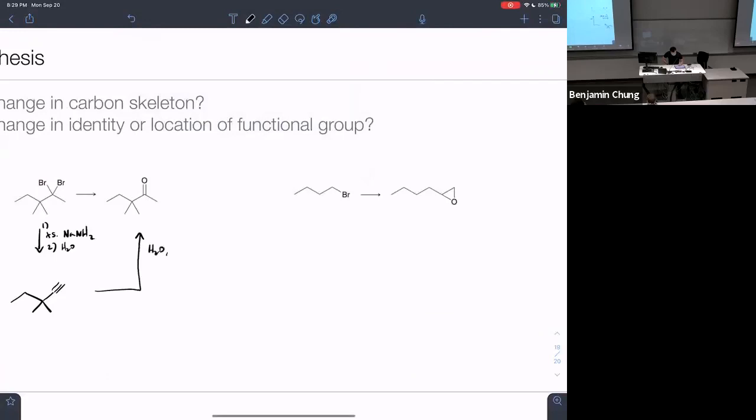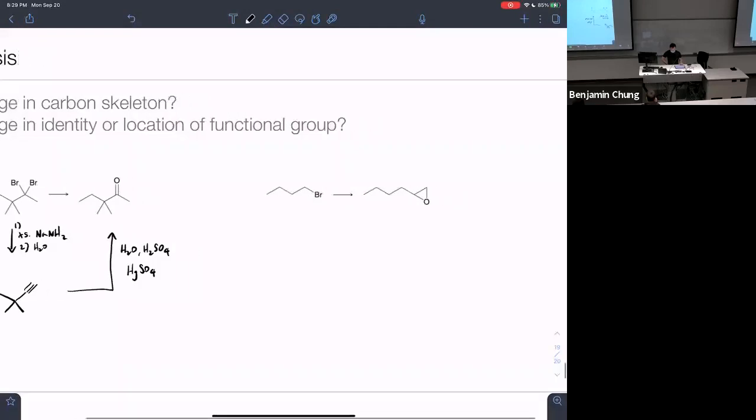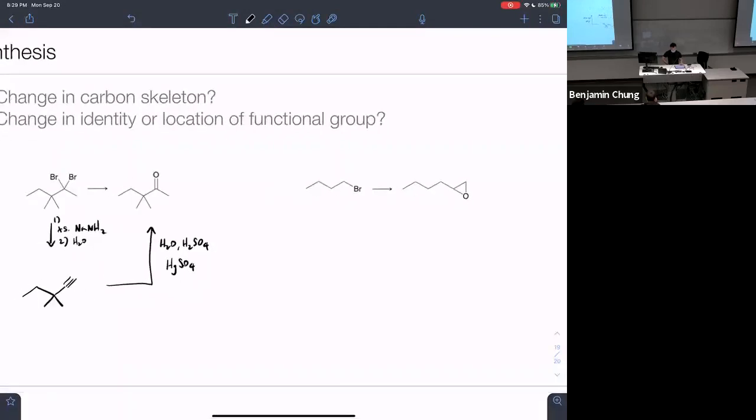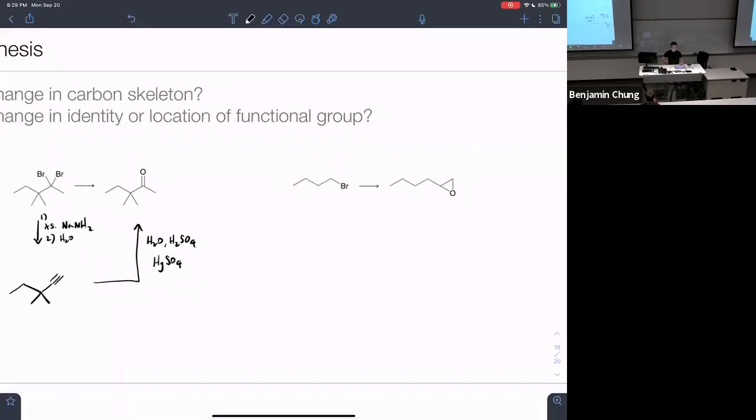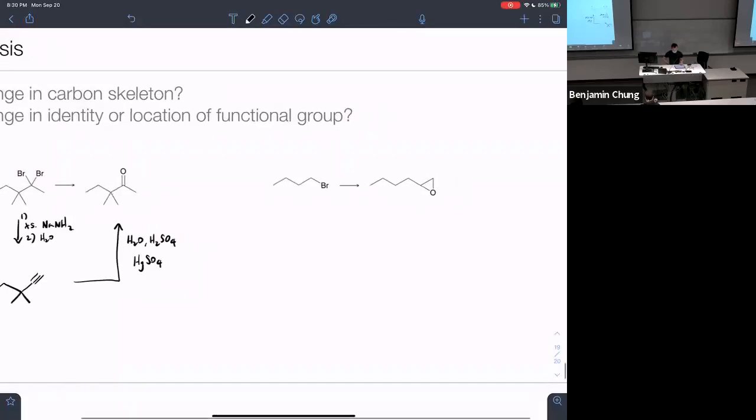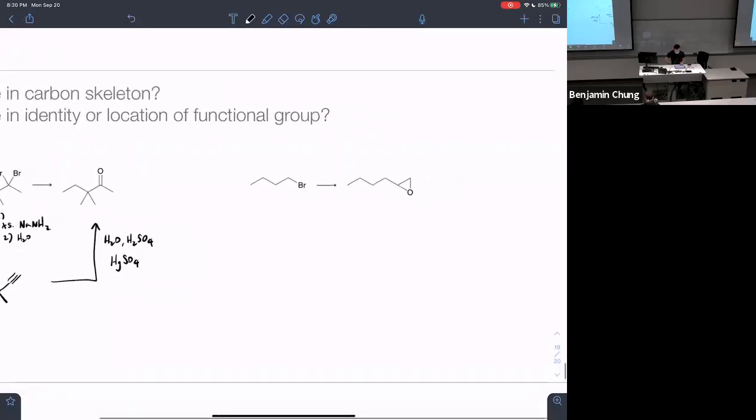So it's water, sulfuric acid, and mercuric sulfate. Did you guys get that? Yeah? Awesome.